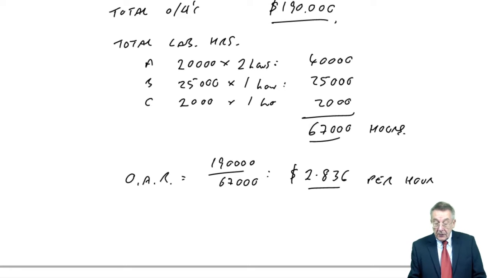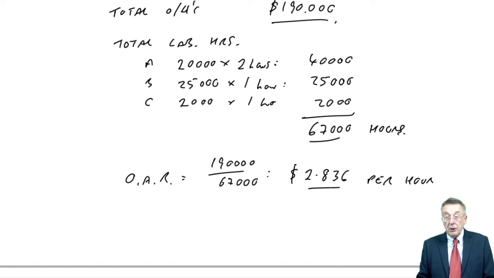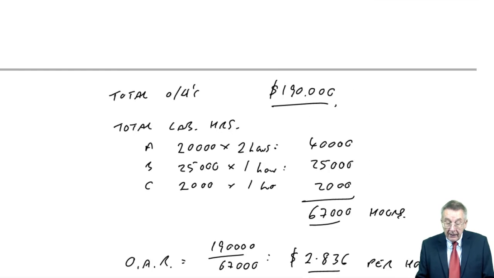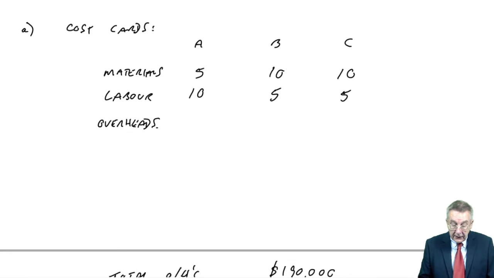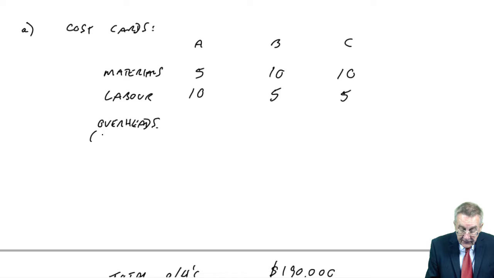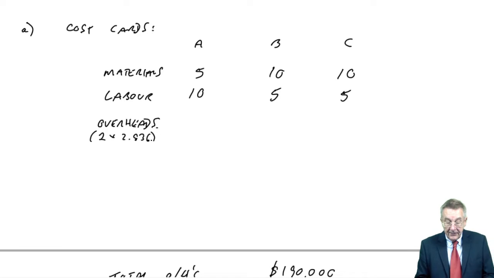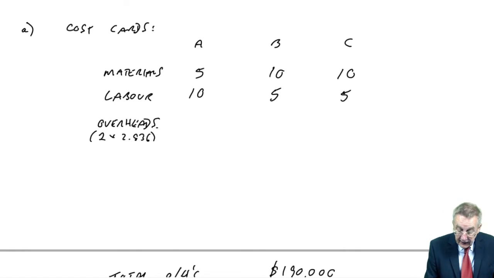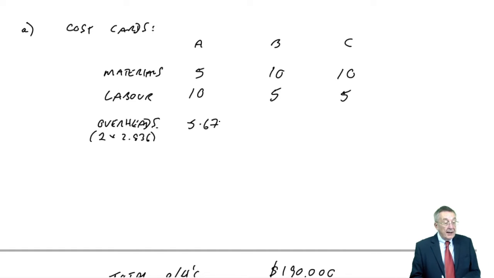So we're going to charge the overheads at $2.836 per hour. If we go back to the cost card, our product A was 2 hours at 2.836. So per unit is $5.67, whereas product B and C are both 1 hour.